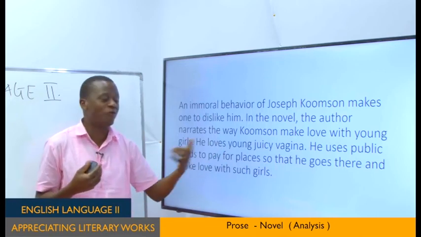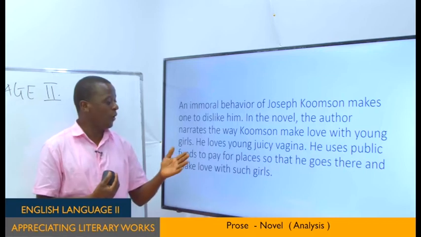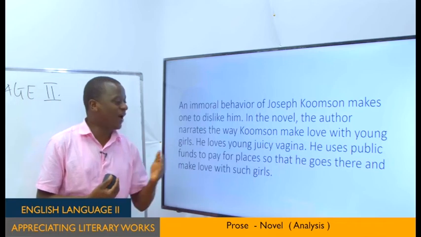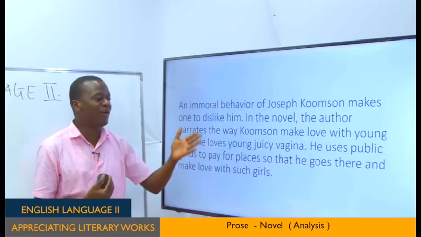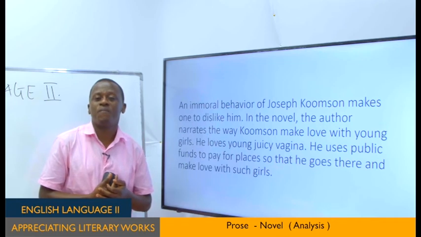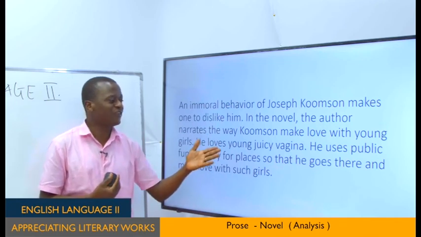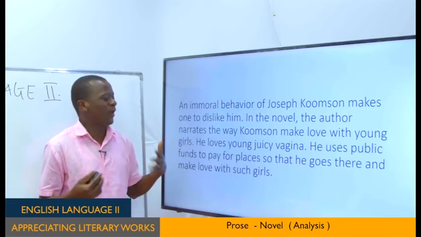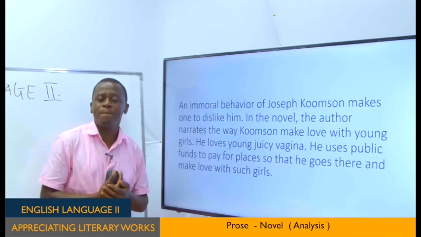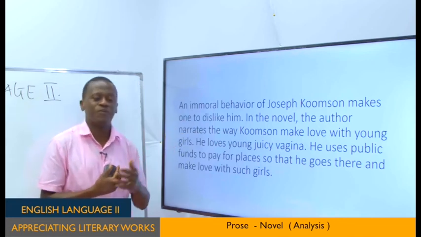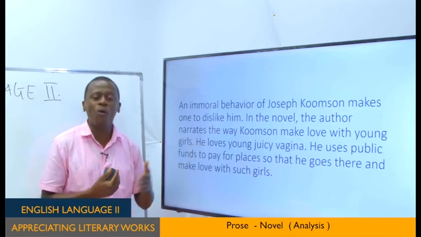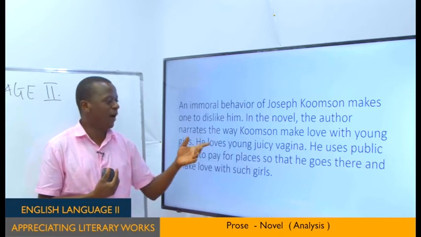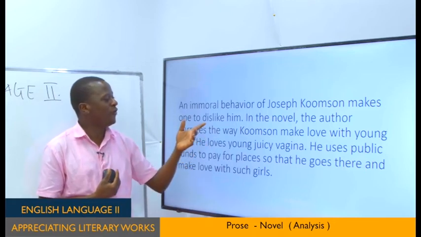You remember this novel very well. So Thompson enjoys making love with young girls, the girls who are supposed to be at school. But this man is such an immoral person, a person from whom we cannot even learn. Given his age, he was supposed to be an example to others. But this man is behaving in an immoral way.